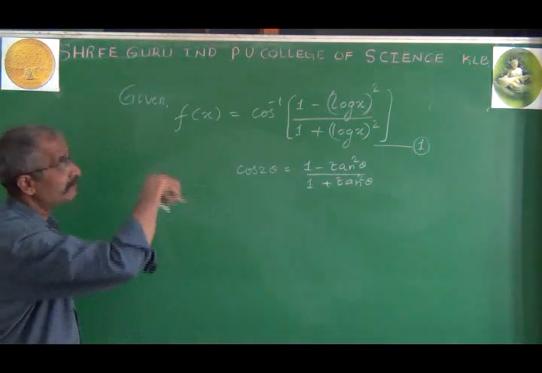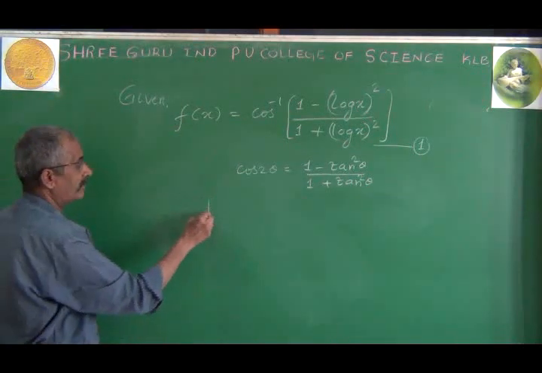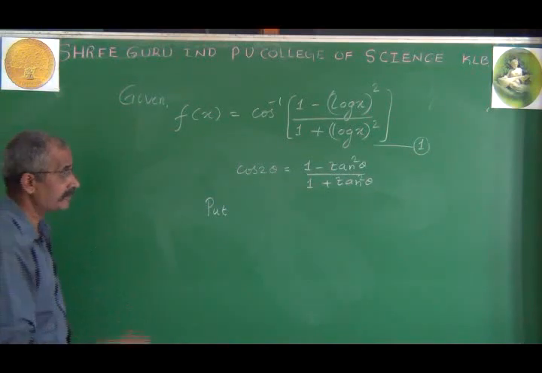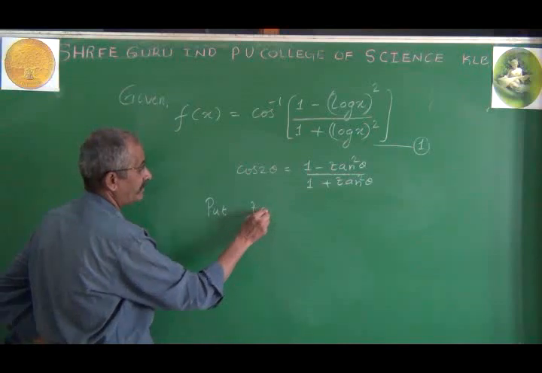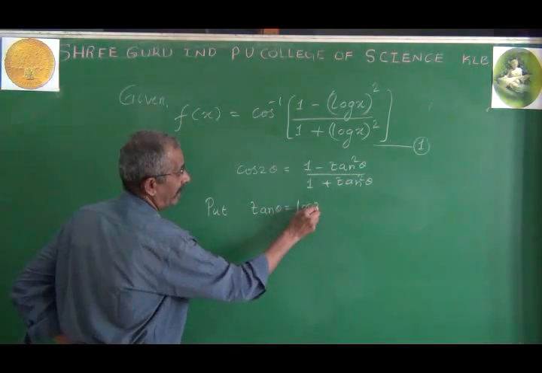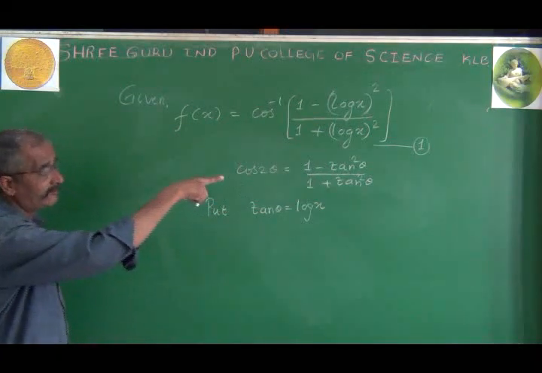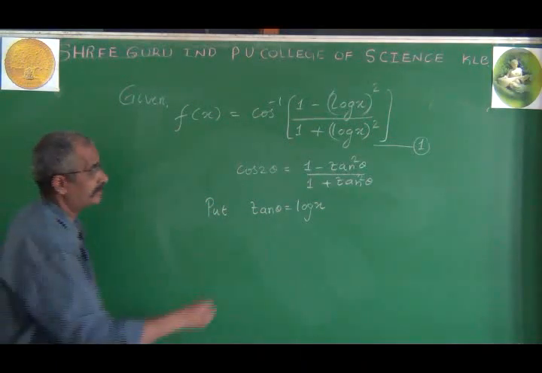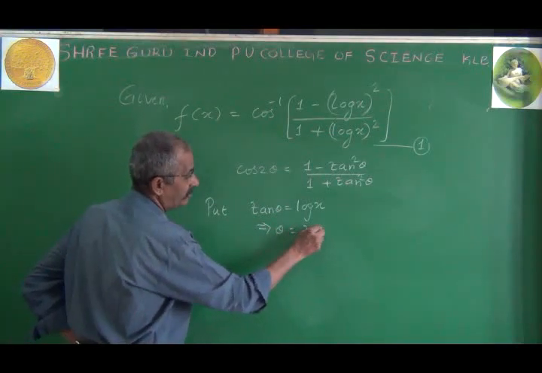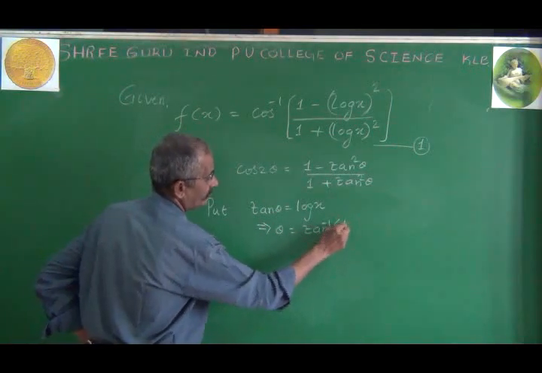So on this basis, the suitable substitution is: put tan theta equals log x. This is the ideal one in view of that formula. At the same time, theta will be tan inverse of log x.